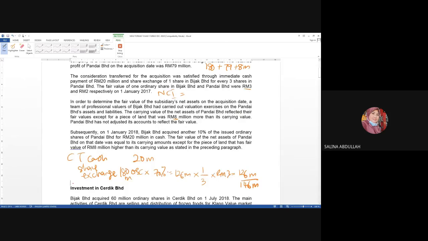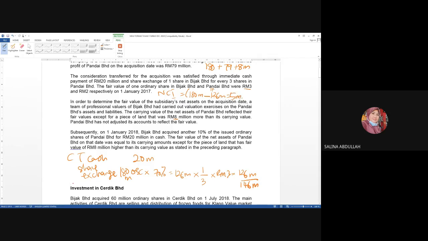times 2. So here again, I show you how you calculate: 180 million is the total ordinary share capital in subsidiary. You deduct the amount that belongs to holding. So this is what belongs to holding. You will get 54 million.